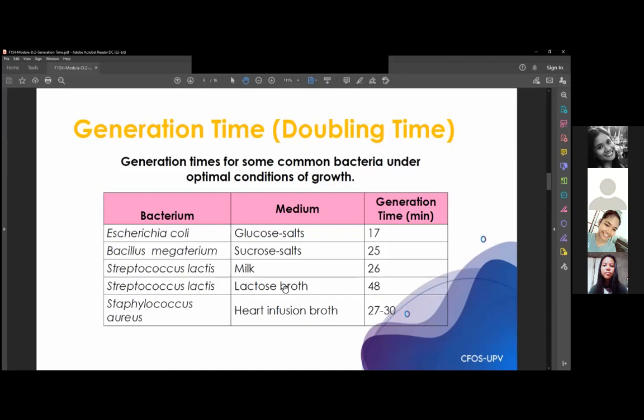So, ano yung mabilis mag-increase in number? Mababa yung generation time or mahaba yung generation time? So, the one with lower or faster generation time.